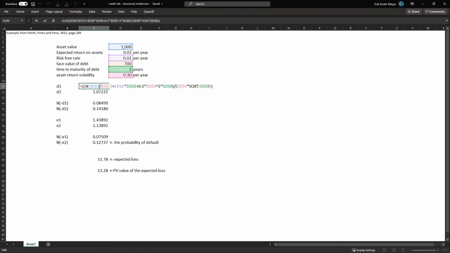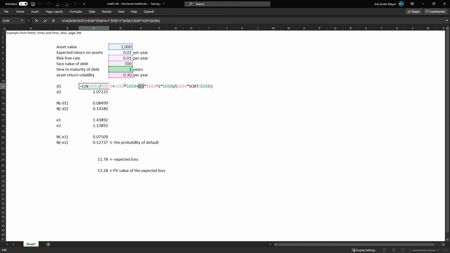This D1 comes from the Black-Scholes model, and here you have the natural logarithm of the asset value divided by the face value of debt, plus the drift, which in the risk-neutral world is the risk-free rate, times the time to maturity of debt, plus 1/2 times the asset return volatility squared times the time to maturity of debt.